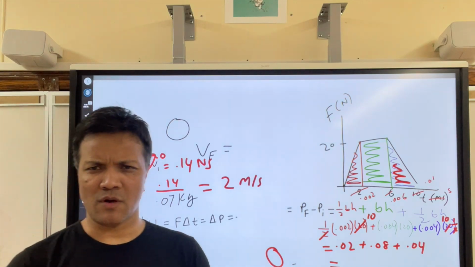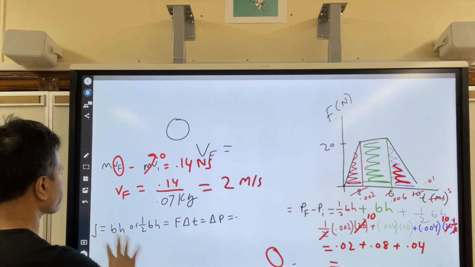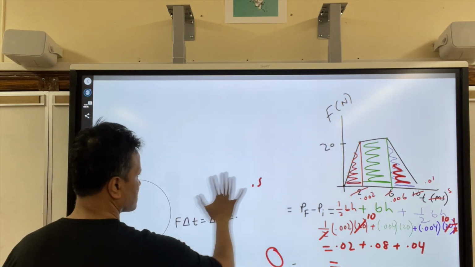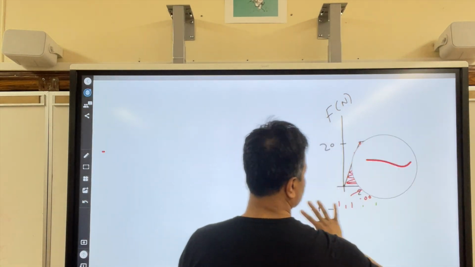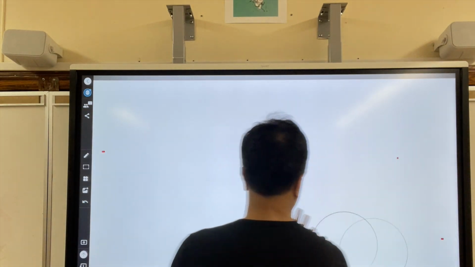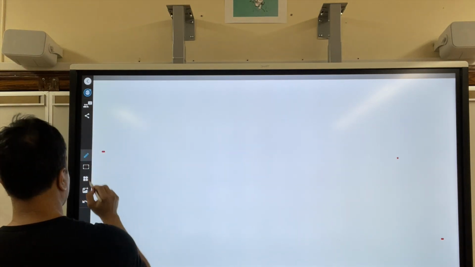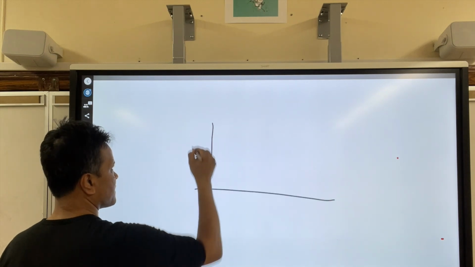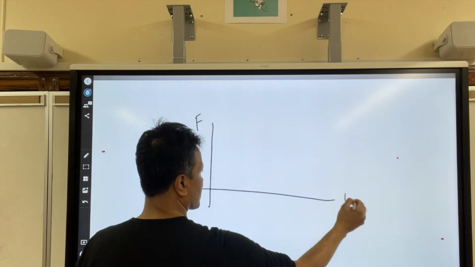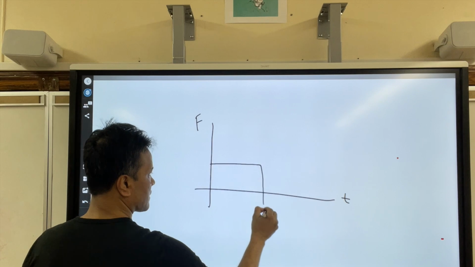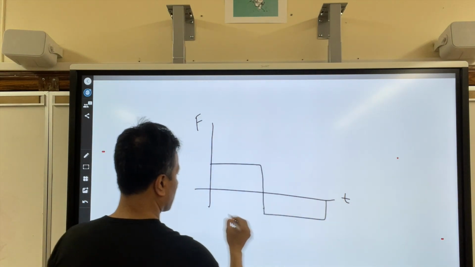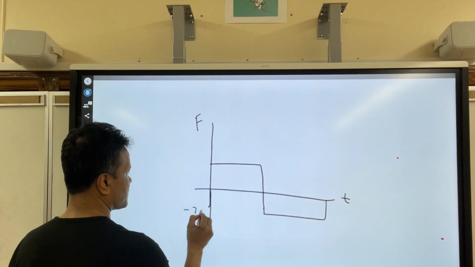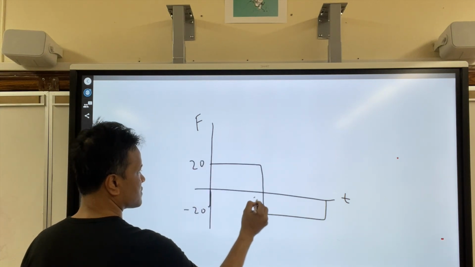Now do the last problem. Problem 5. Last problem should be very easy. Ft. So let's say this is negative 20, this is positive 20, this is 2 and this is 4.